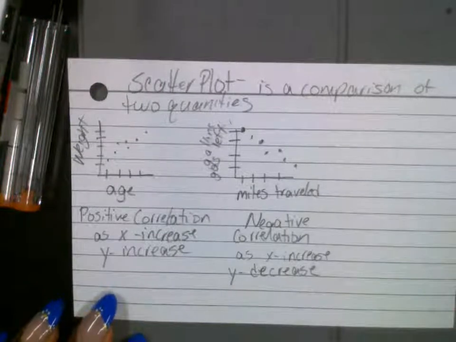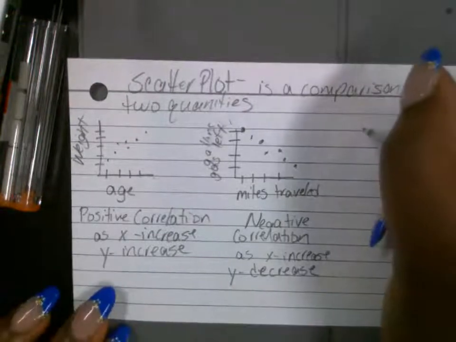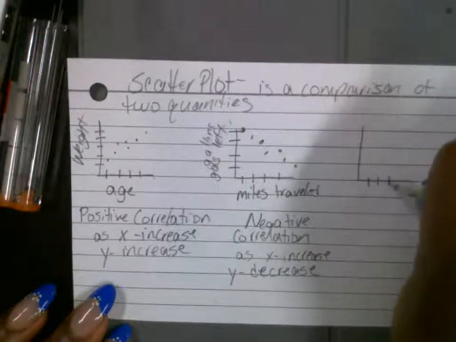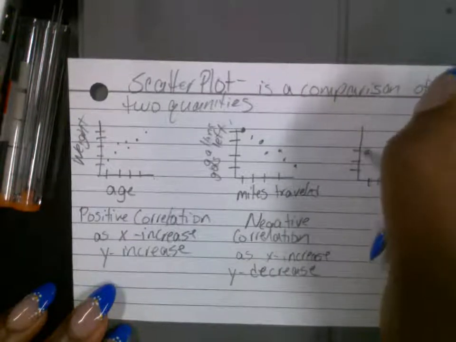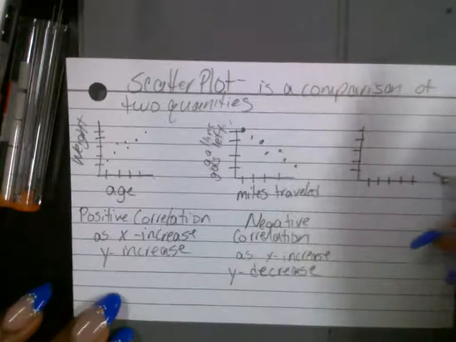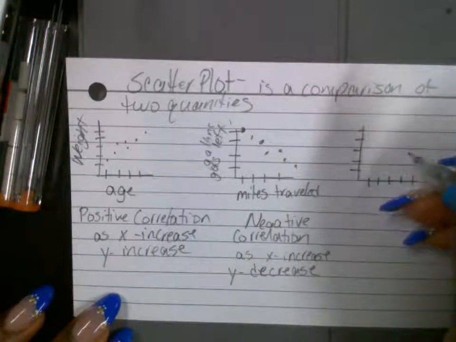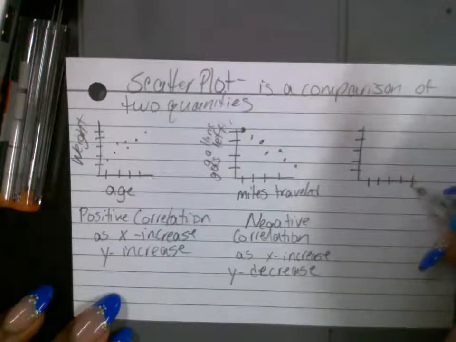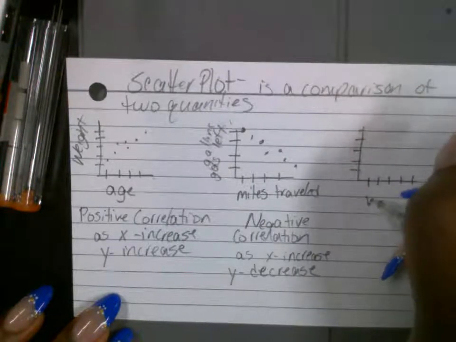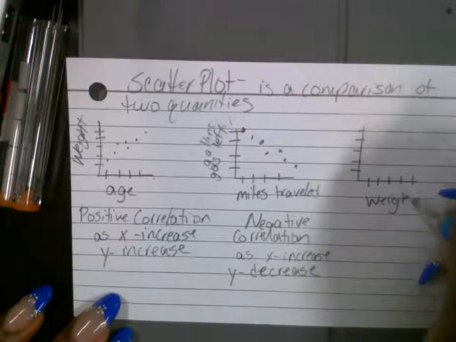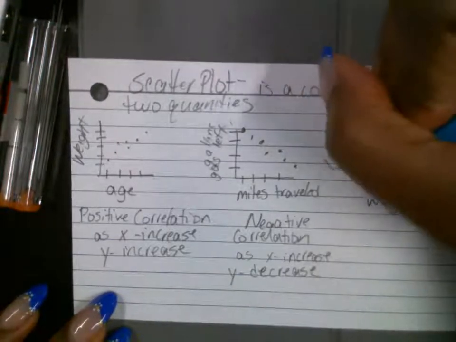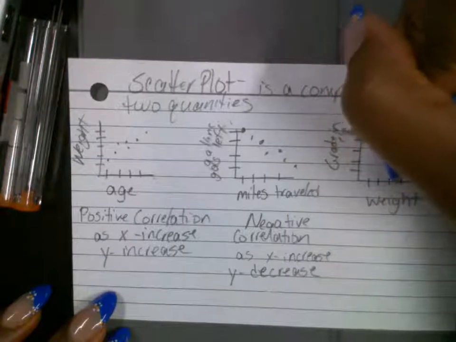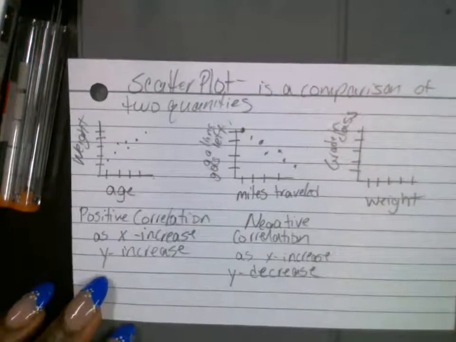Last one is a no correlation. That's where you have points scattered everywhere. The example of that could be your weight and your grade in the class. They don't have anything to do with each other.